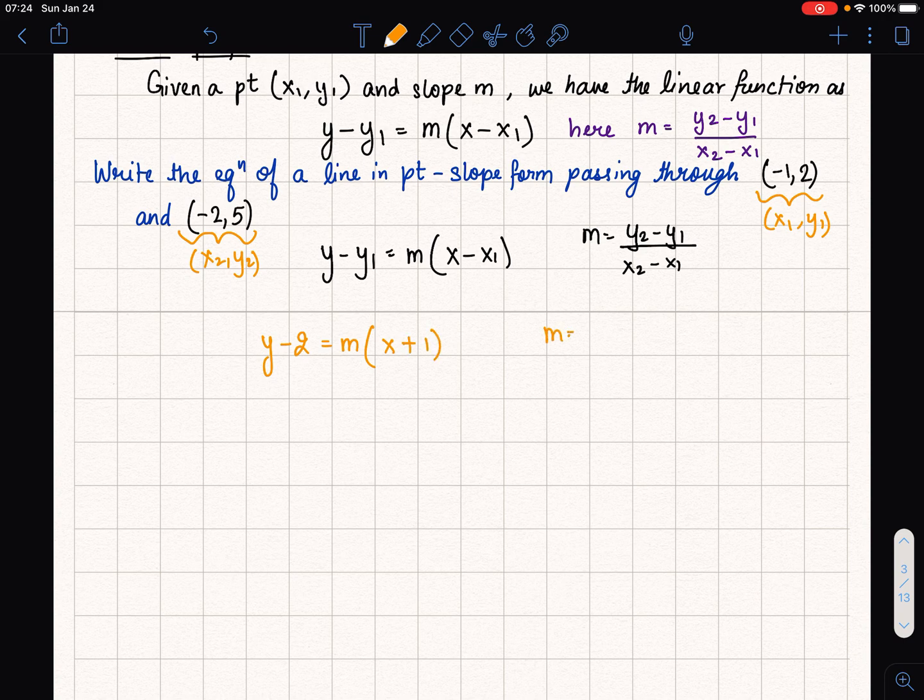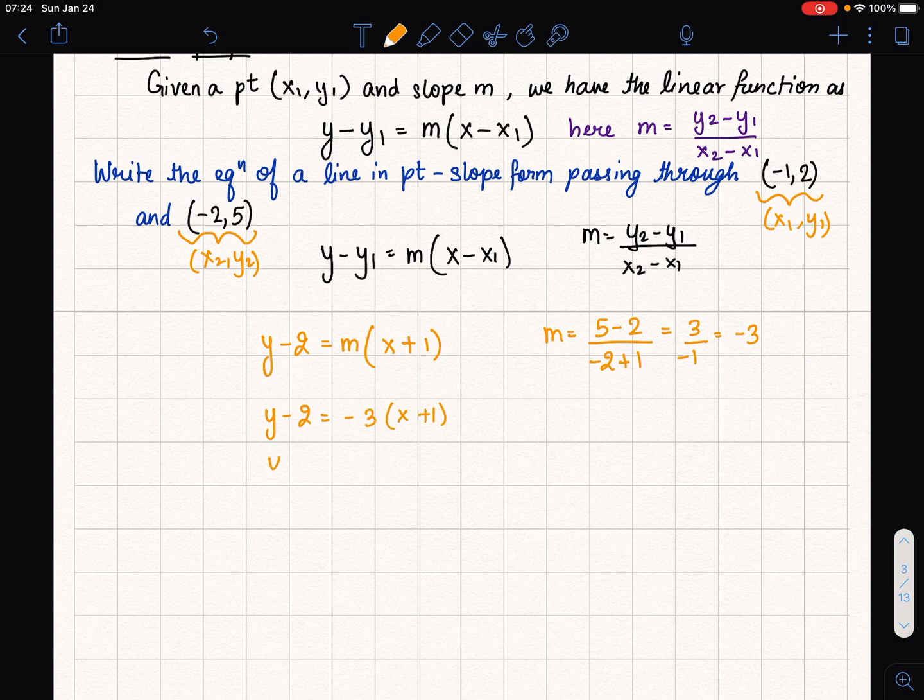Now we calculate m. M is y2 minus y1 divided by x2 minus x1. So y2 is 5, y1 is 2, x2 is -2, x1 is -1. So x2 minus x1 would become -2 plus 1. So we have 3 divided by -1, which is -3. So y minus 2 equals -3 times x plus 1.